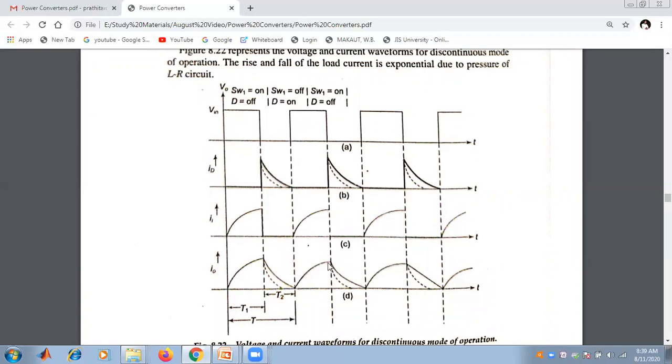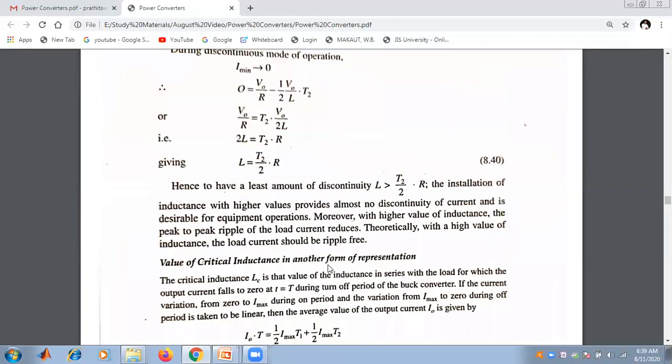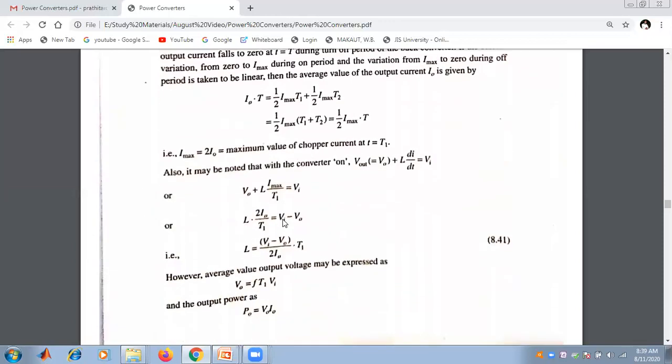If the value of the inductor is less, there is a discontinuity of the current. So this is called the discontinuous mode of operation. We have the least amount of discontinuity when the inductor value is greater than T2 by 2R. This is the value of the inductor for the discontinuous mode of operation.